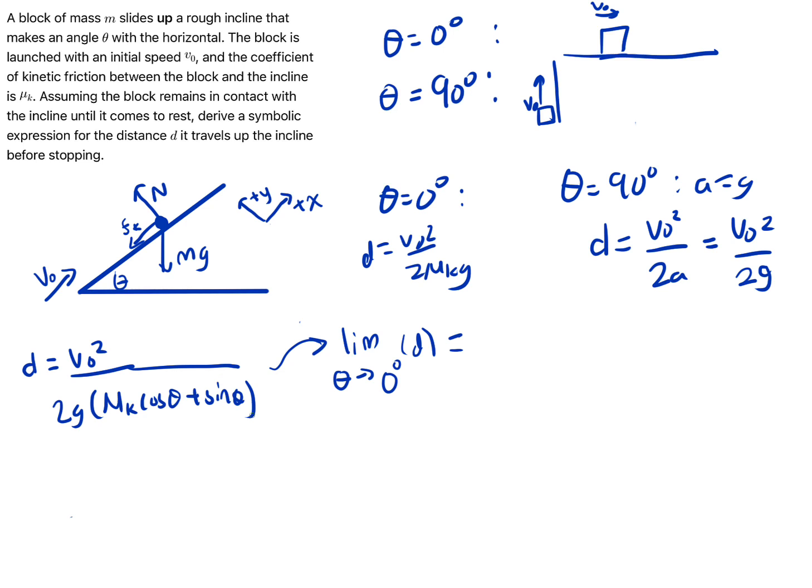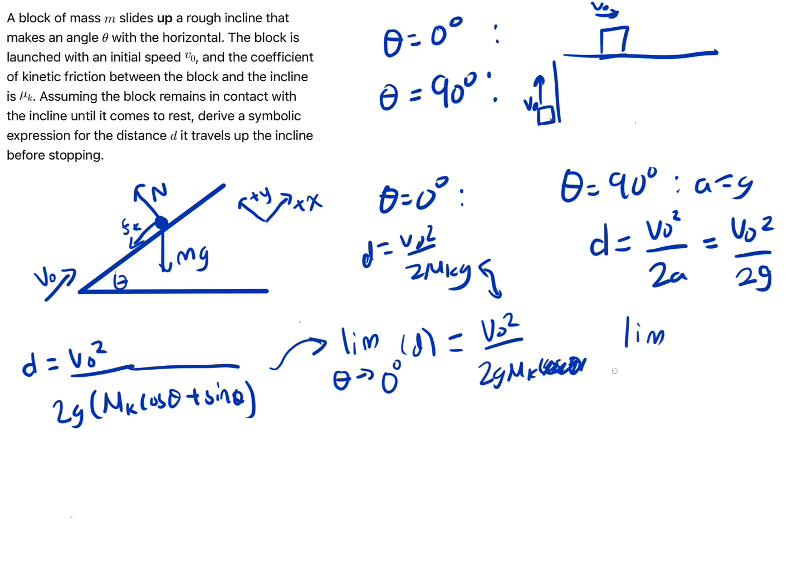So this part cancels out, and we get v naught squared over 2g mu k cosine of theta. And cosine of theta is just 1 as theta approaches 0, so we can just drop this part. And this exactly matches what we expected for this case. So that's a good sign.